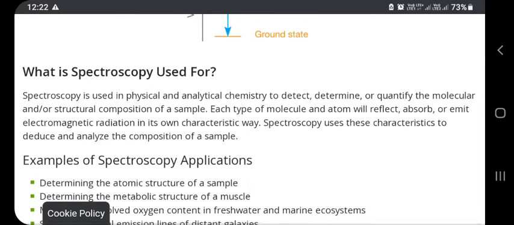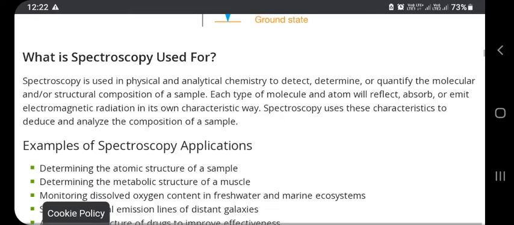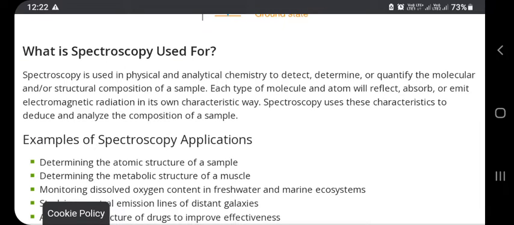So, where can spectroscopy be applied? What is spectroscopy used for? Generally, it is used in analysis of the physical nature and chemical nature of the molecule. The physico-chemical aspects can be determined, and we can also quantify the molecule and the structural components of the sample.